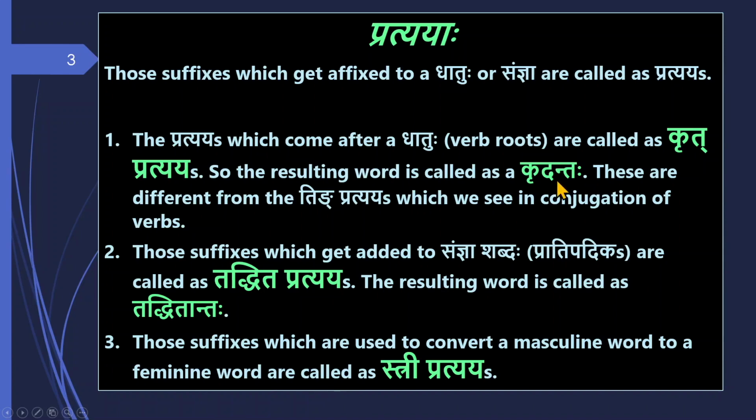So there are three Pratyayas: Krit Pratyayas, Taddhita Pratyayas and Stri Pratyayas. Krit Pratyayas are added to dhatus or verb roots, whereas Taddhita Pratyayas are added to Pratipadikas or noun or pronoun roots, whereas Stri Pratyayas are used to convert a masculine word to a feminine word.